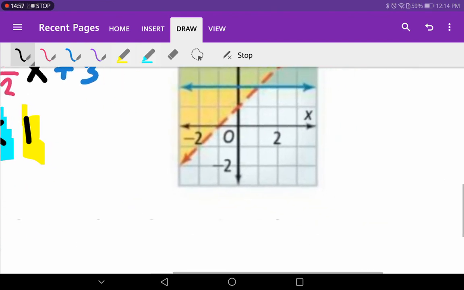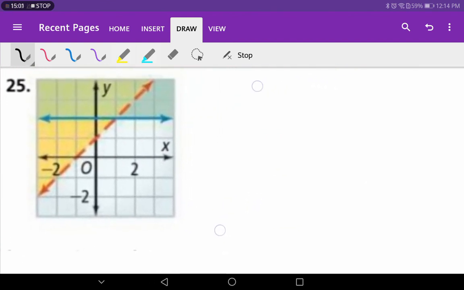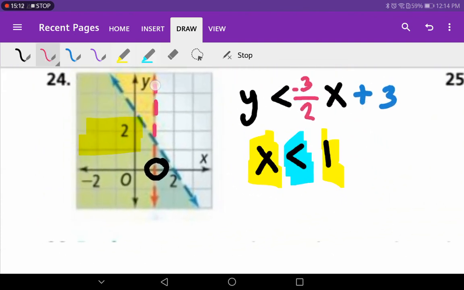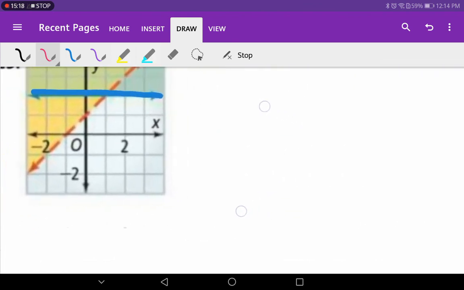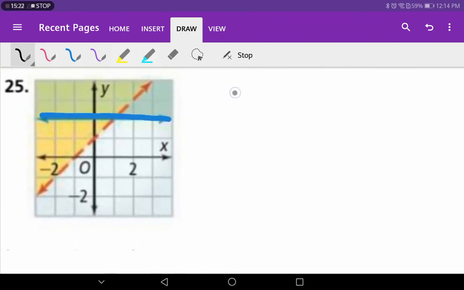Okay, number 25 and the last graph. I will start from the blue one. If the vertical line started with x, the horizontal line must start with y, without thinking. So y, and determine where the area of the solution is.